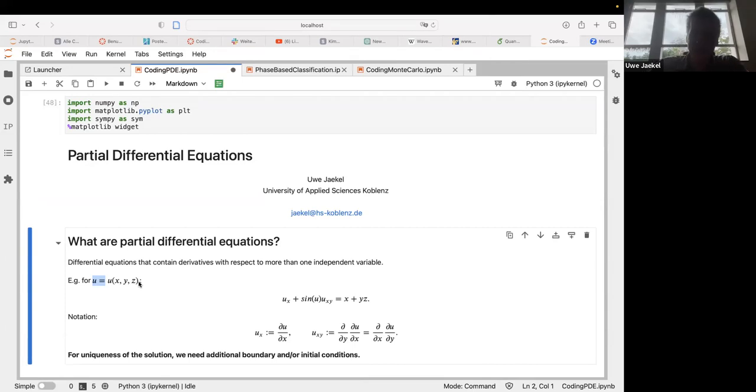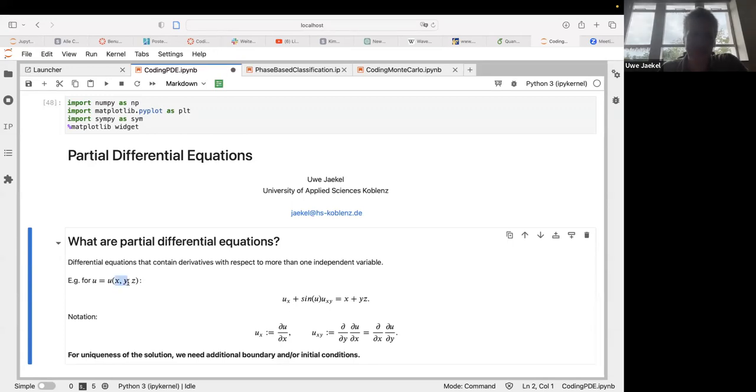and it's partial because it takes partial derivatives. That means derivatives with respect to more than one independent variable. An example is an equation like this. You see here's an index. The index means that we have a derivative with respect to this independent variable.